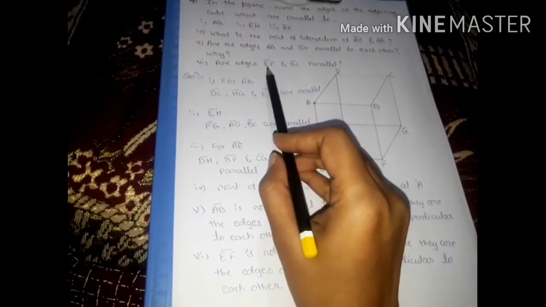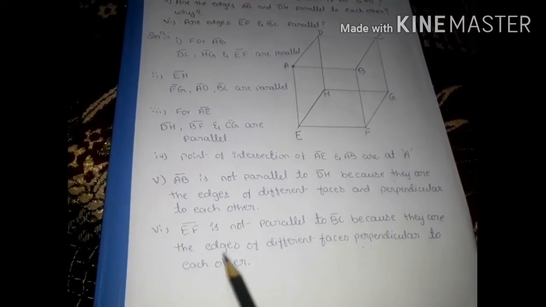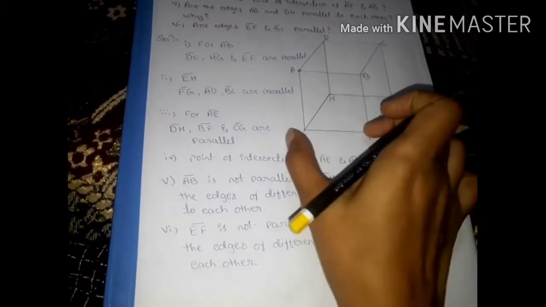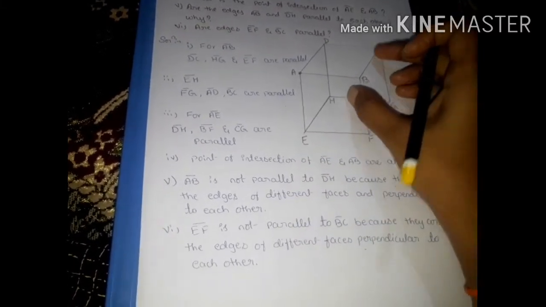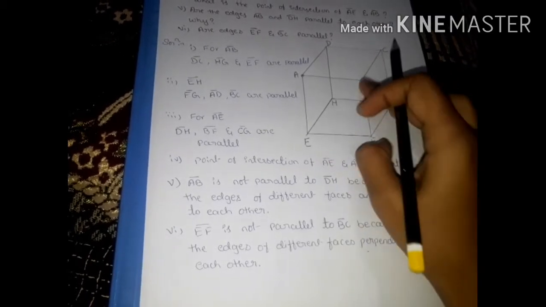Similarly, the last, sixth one: are edges EF and BC parallel? EF is here and BC is here. Are these two parallel to each other? No. EF is not parallel to BC because they are the edges of different faces, perpendicular to each other. You have to give the same reason here.